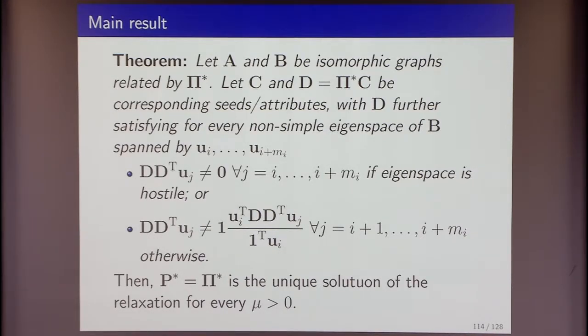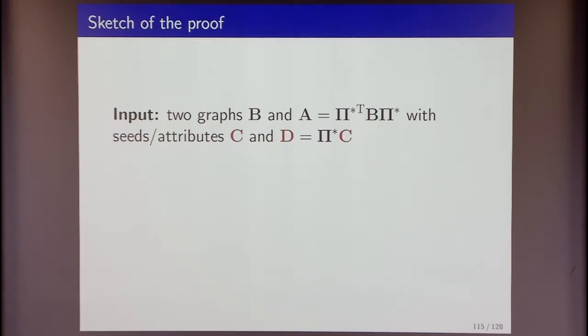So instead of going through these details, I will show you just the argument, and basically the rest will be just technical details. So as the input, we have two graphs, A and B, again related by many isomorphisms, but one of them is pi star. And I have these attributes, C and D, also consistent with this isomorphism pi star.